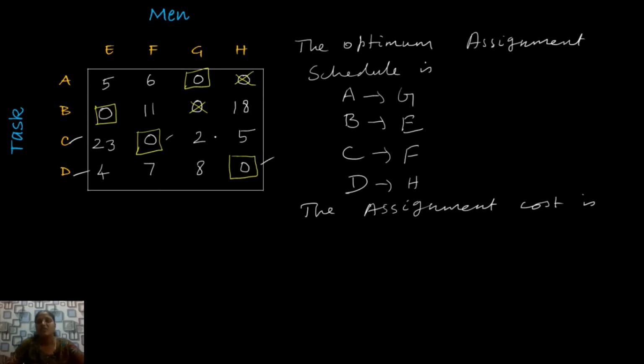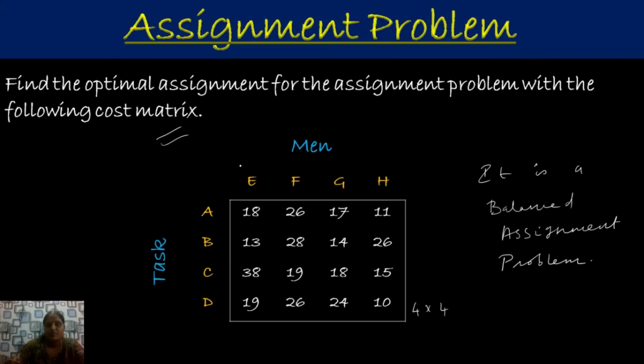for that we have to look at the given cost matrix in the problem. Just remember the assignment G, B, F, H. So this is the assignment we have arrived at the end of our discussion. The cost associated with it is 17, 13, 19, 10.